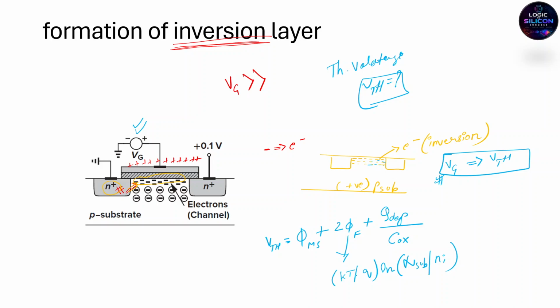Q dep is just the charge in the depletion region. And Cox, from the name itself, is the gate oxide capacitance per unit area.